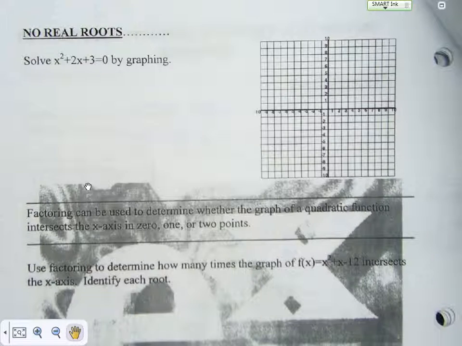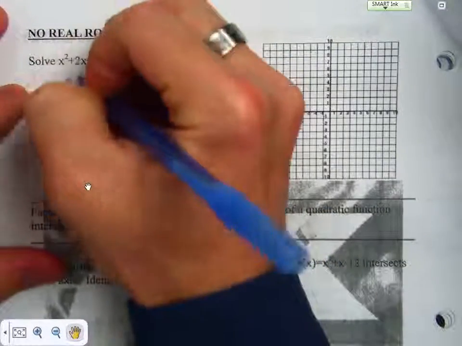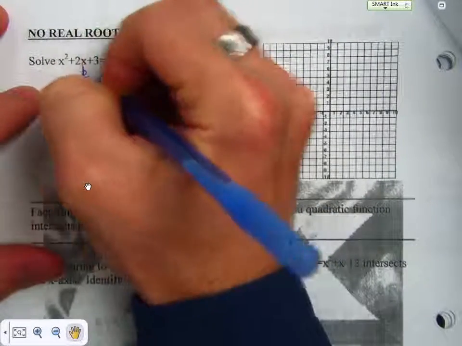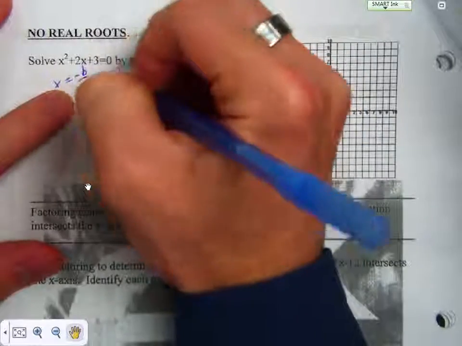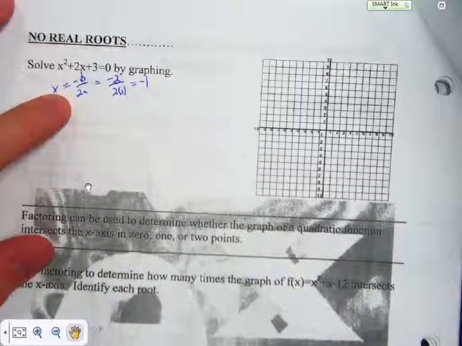So no real roots. Let's solve this one. First off, the opposite of b divided by 2a. It's -2 over 2 times 1. We get -1 as our axis of symmetry.